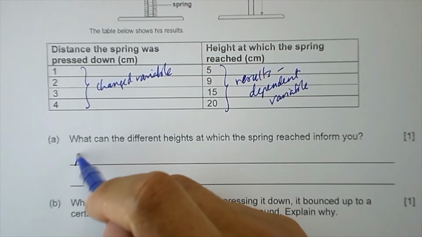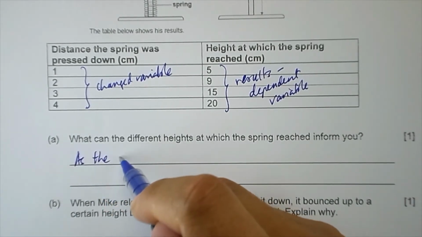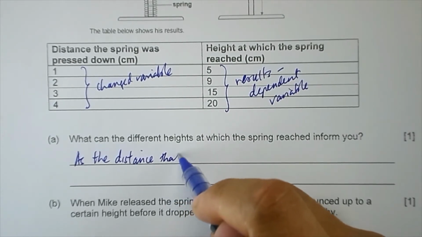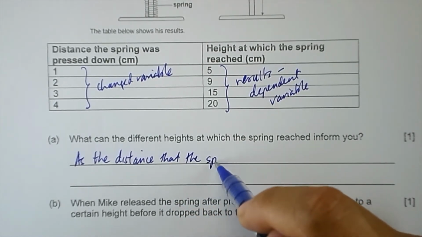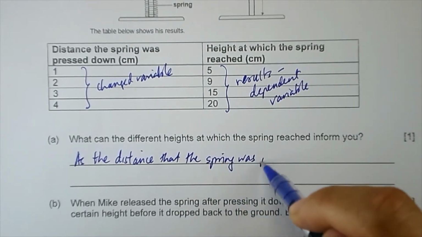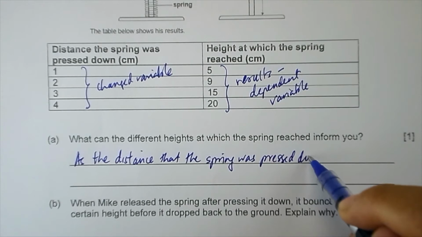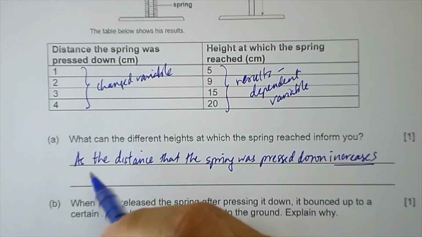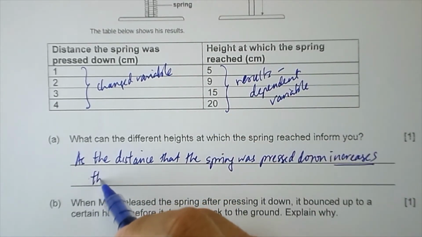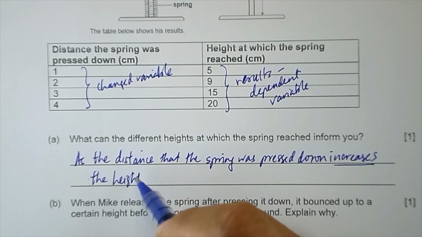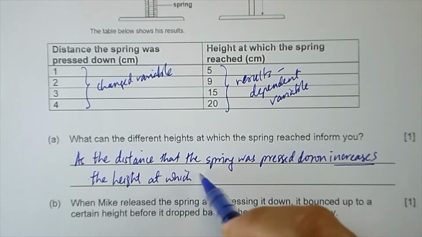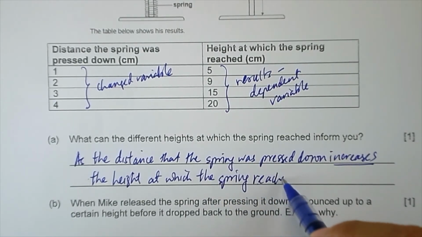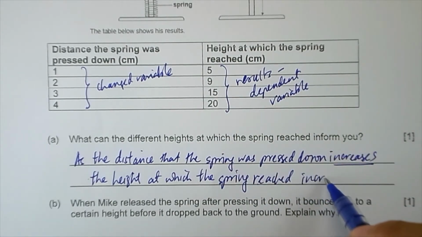We can say that as the distance that the spring was pressed down increases, the resultant effect is that the height which the spring reaches also increases.